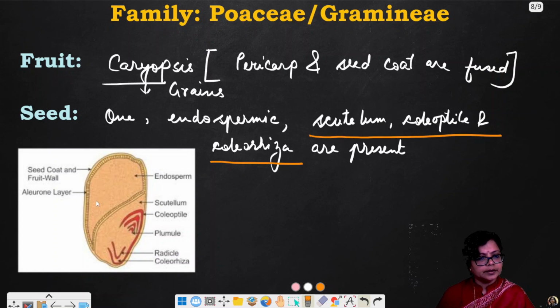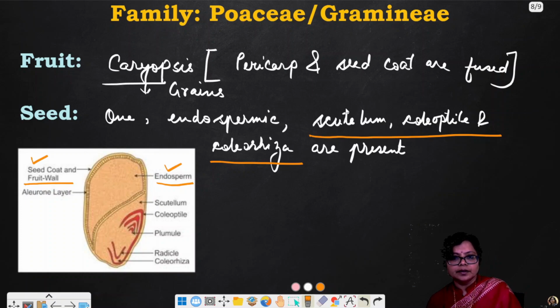Here in the seed, the grains, seed coat and the fruit wall fuse together. Endospermic and one cotyledon, monocotyledonous family, one cotyledon present laterally at one side in the form of shield, and it is called scutellum.